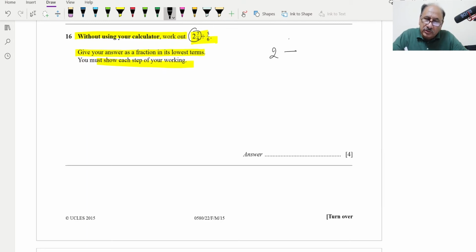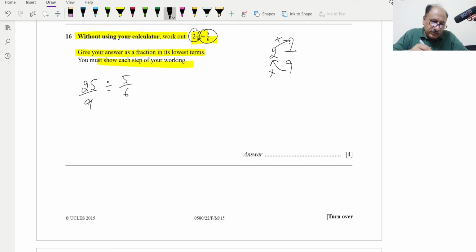So 2 whole 7 by 9, we will multiply this with this, and then add this. So 9 2s are 18, 18 plus 7 will be 25. So we will write 25 over 9, and next is divided by 5 over 6.